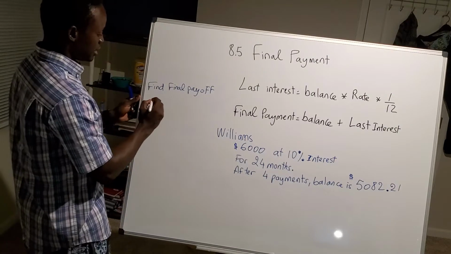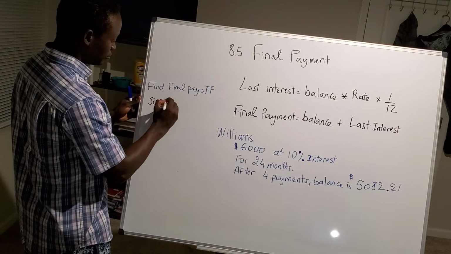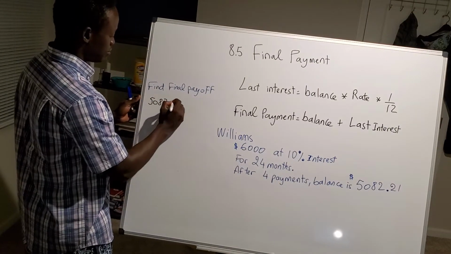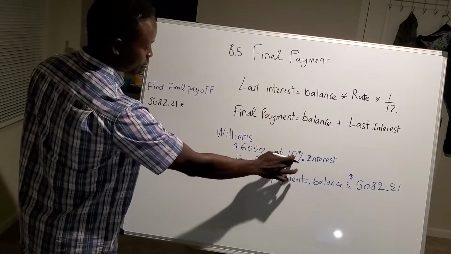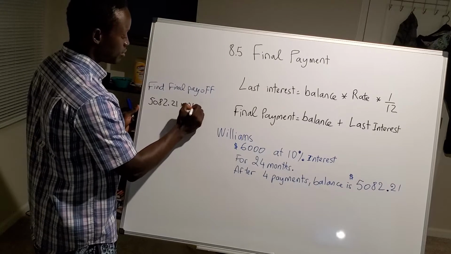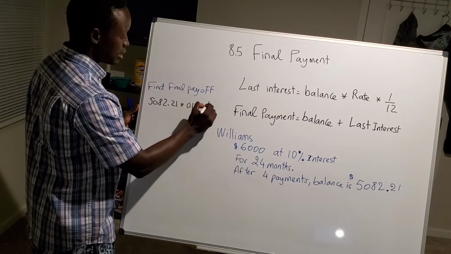So that's 5,082.21 times the rate. Rate is 10%, but 10% in decimal is 0.10, and then times 1/12.